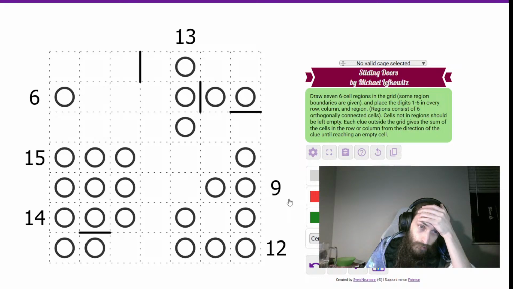Uh-huh. 13 and 8 is 21. Well, the max number of digits that you could use for 14 is 4. Because if it was 5, that's minimum 15.